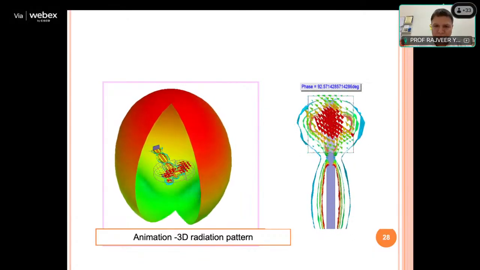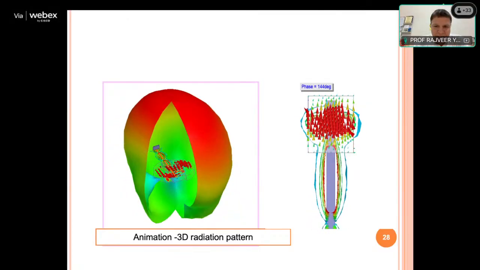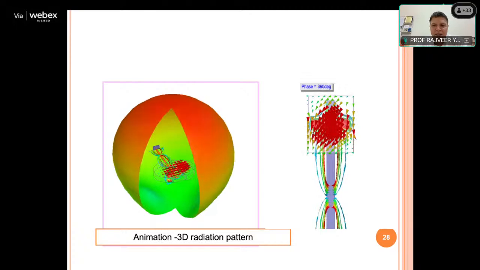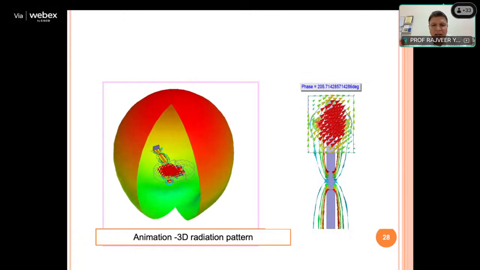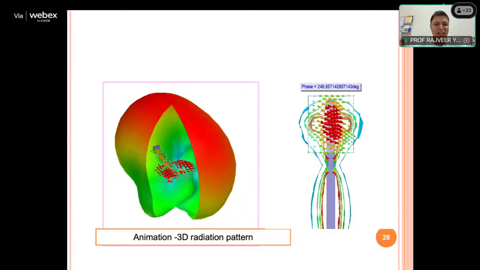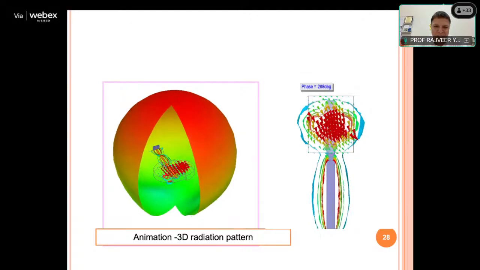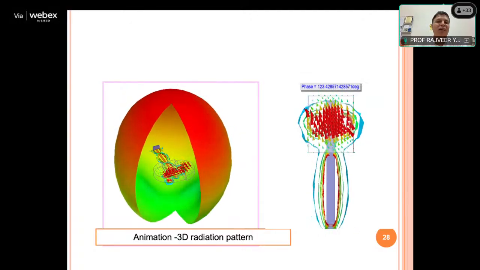So the rotation of the electric field will signify whether it is circularly polarized, elliptically polarized, horizontally polarized, vertically polarized, right hand circularly polarized, or left hand circularly polarized.